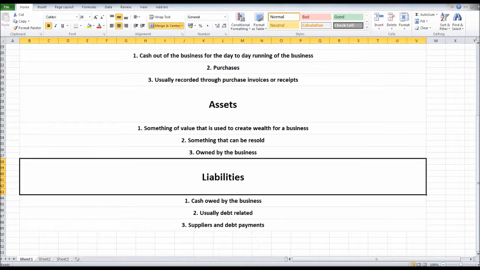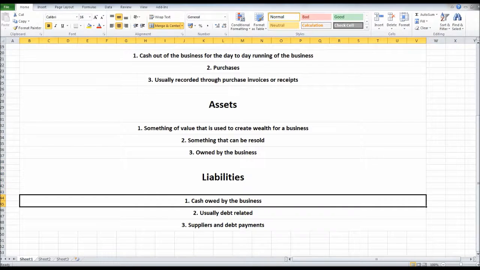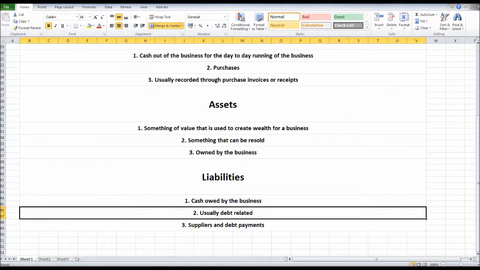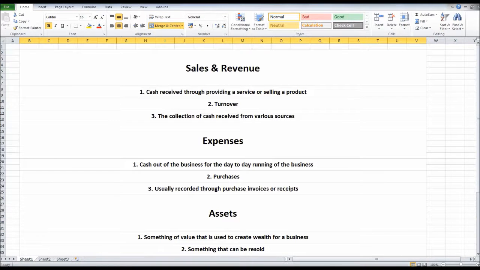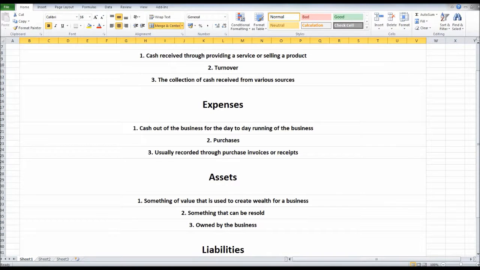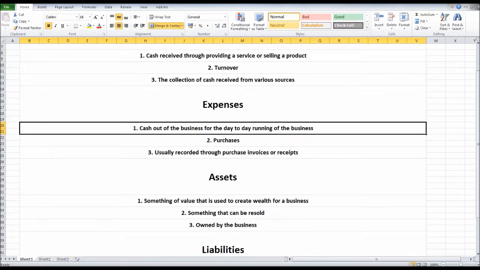Opposite to assets are liabilities, which is cash owed by the business, and it's usually debt related. So liabilities usually include things like money owed to suppliers and debt payments. So if you have a supplier that provides stationery for your business, the stationery would be an expense.